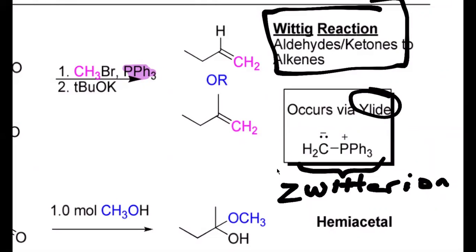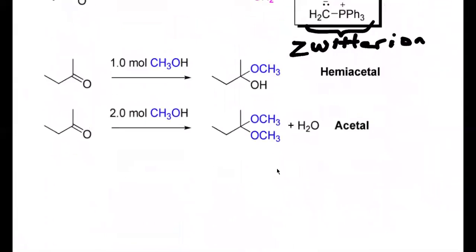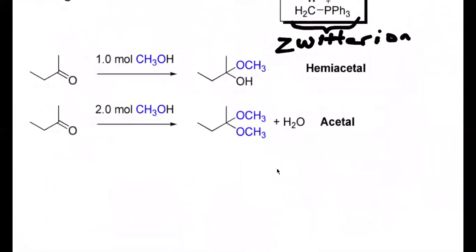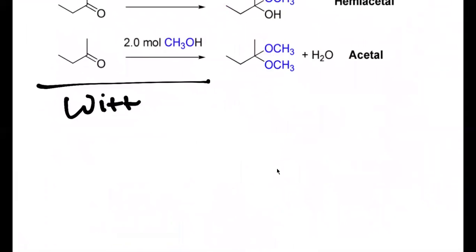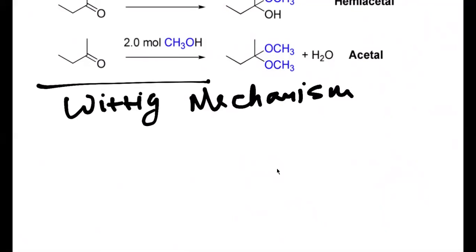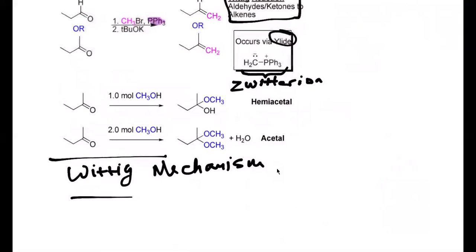So we're going to talk about how this works, right? We're going to talk about the mechanism for the Wittig. It's actually not that bad. Right, so the Wittig mechanism, again, the first step is dedicated to making the ylide.